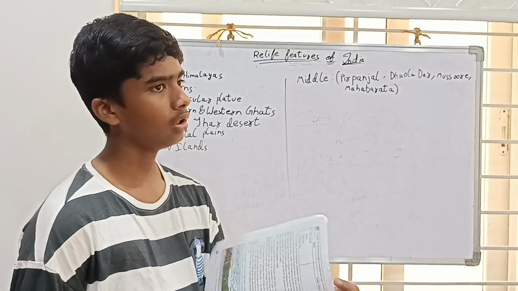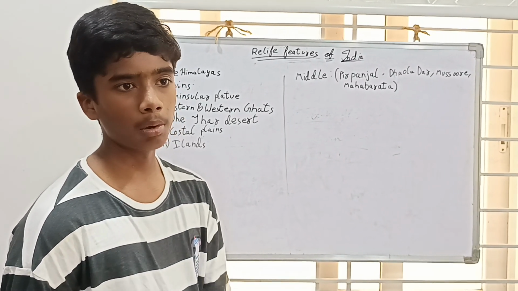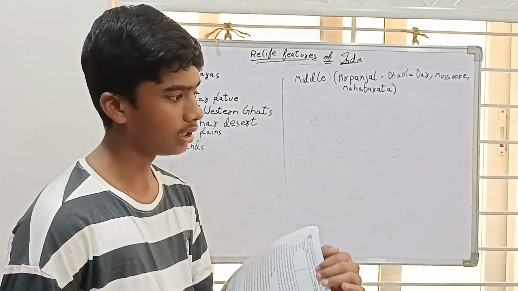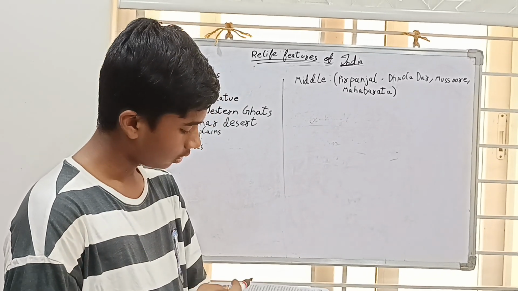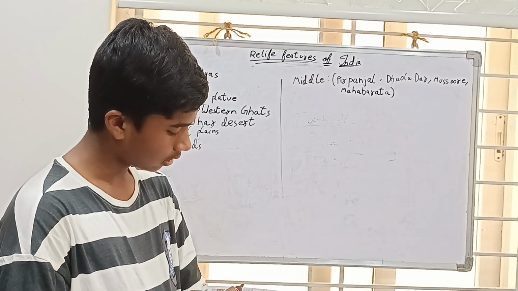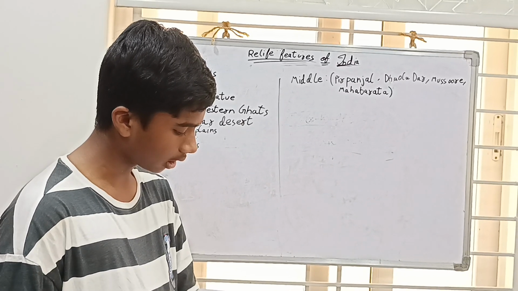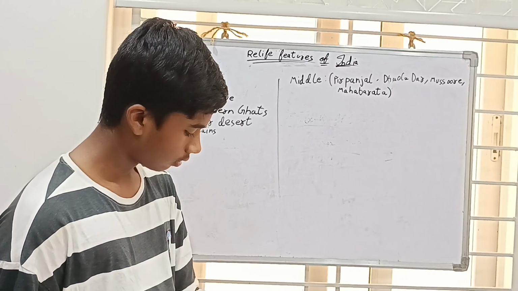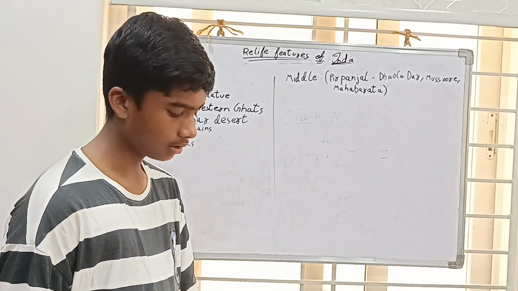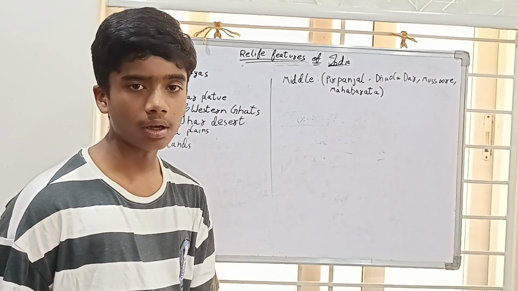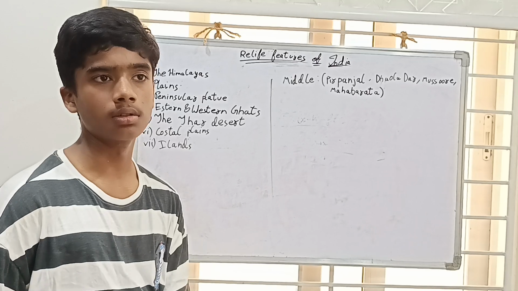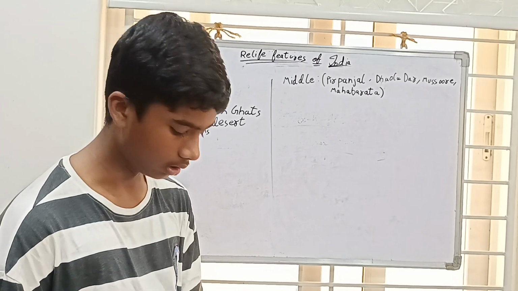The Indo-Gangetic Plain lies in the western part, the central part, and the eastern part. I guess you should learn these yourself because they are not so important, but you should still remember it in case they ask this question in school.